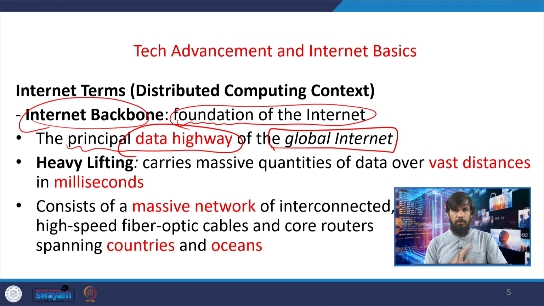Because of this, we are able to access a website which is hosted in the US across the ocean and so many continents in between, right. This principal data highway does the heavy lifting in terms of carrying massive quantities of data over vast distances in milliseconds, right.